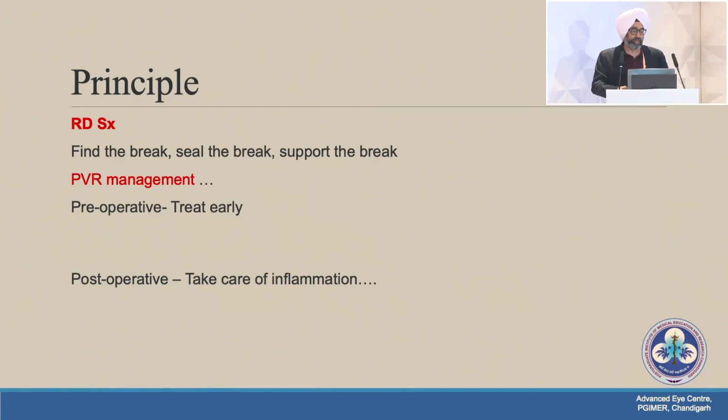The old concept that once you develop a PVR you let it mature is gone now, because there is something called intraretinal PVR also. Our professor used to call it retinal shortening; you put a buckle there. That shortening is because of the intraretinal PVR. So don't wait for the PVR membranes to mature so that you can pick them up in toto. This doesn't happen nowadays. So treat them early.